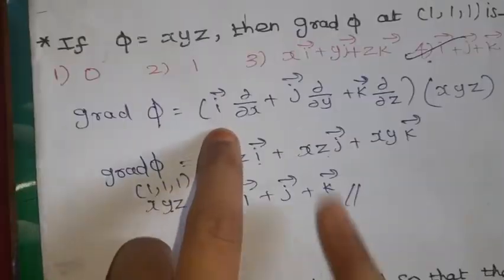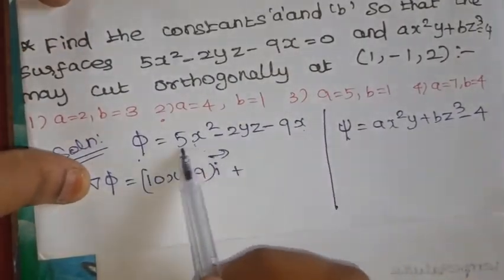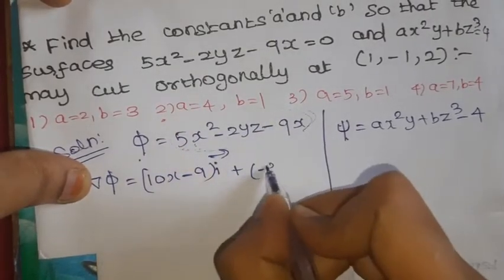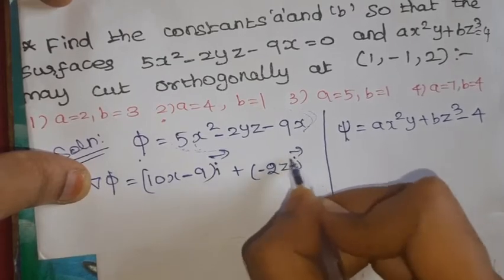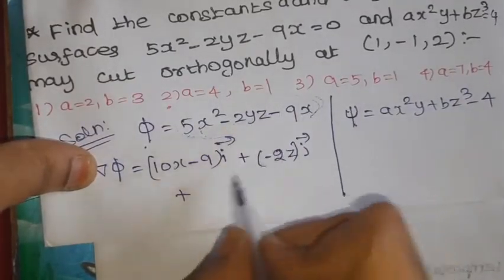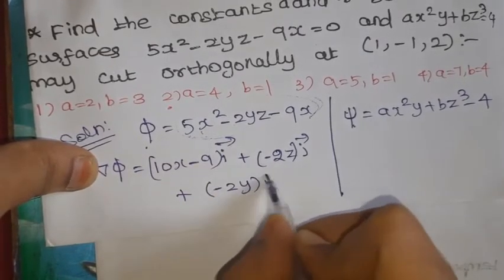Then dou by dou y of this term gives minus 2z j, plus dou by dou z gives minus 2y, into k.